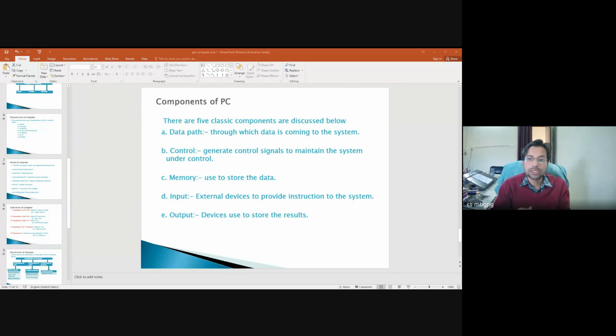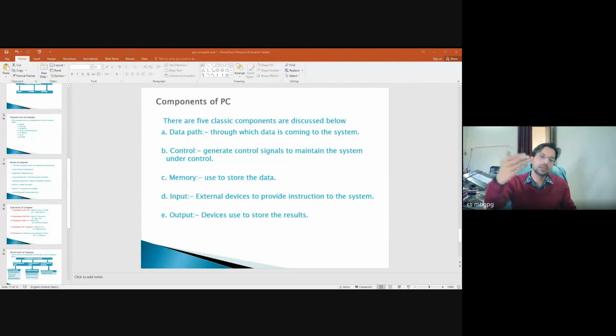The final goal is to minimize the cost of the system also. The goal is a fast access time, and the cost per bit of storage must also be minimized. So the goal of this system is to minimize the cost as well as the access time.